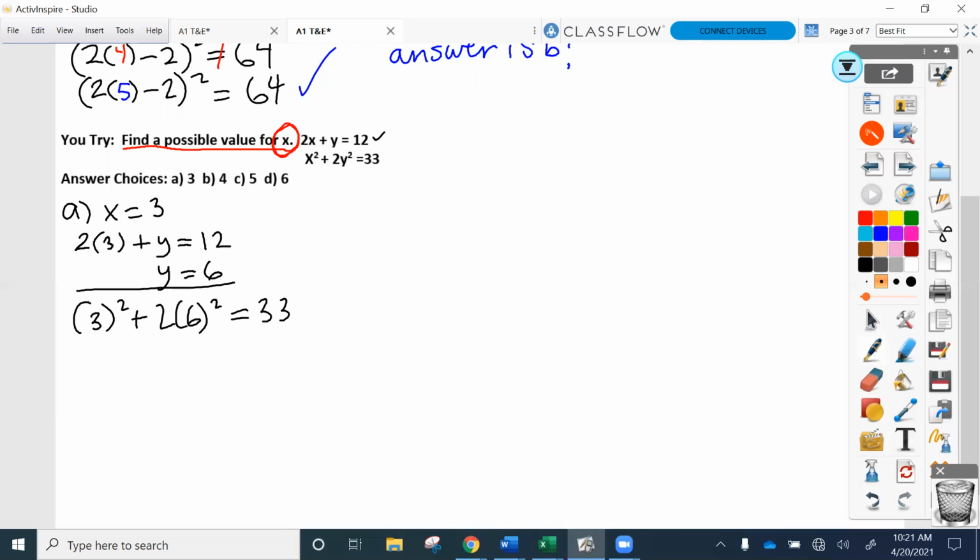So we've got 9 plus 2 times 36, that's 72. That certainly does not equal 33. So our option x is equal to 3 has to be eliminated. Let's try B.